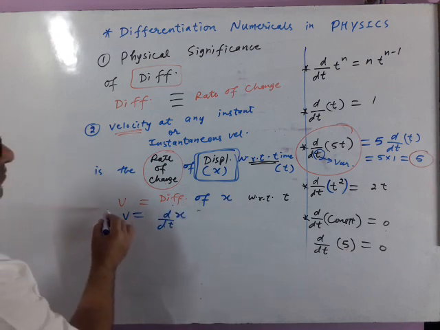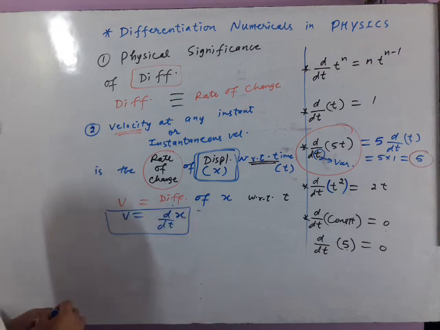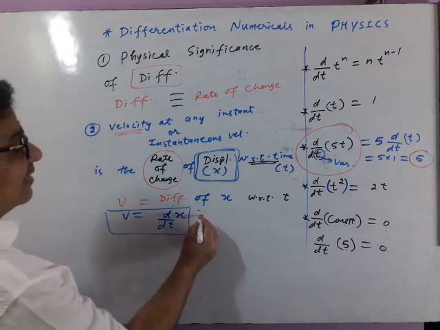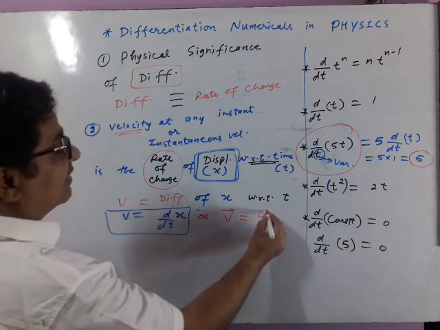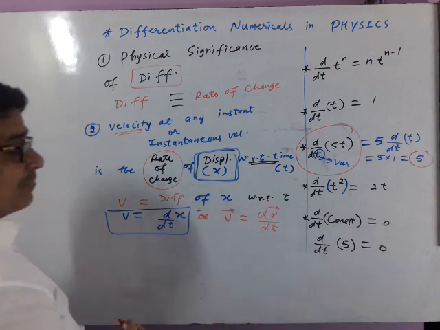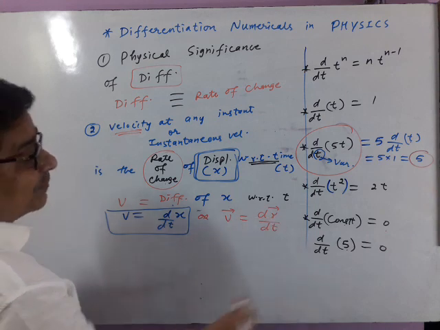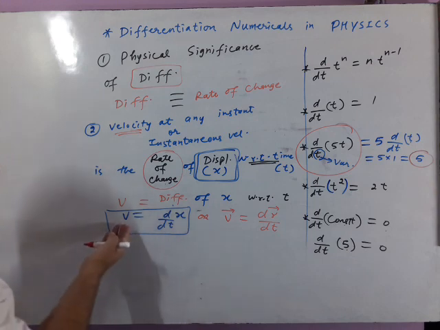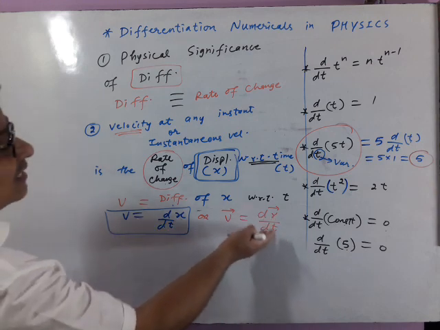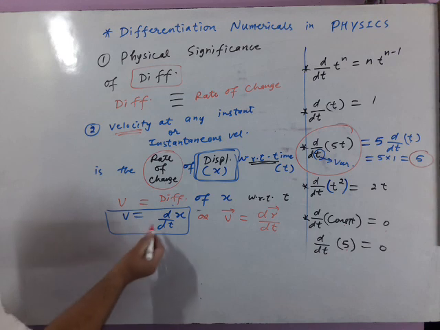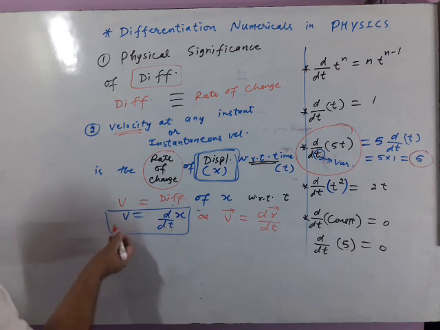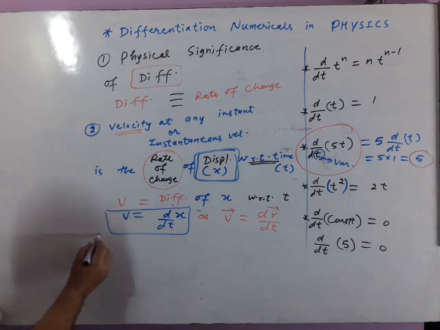So the formula for velocity is dx by dt. In vector notation, velocity vector is dr vector by dt, where r vector is the position vector. Differentiation of displacement with respect to time gives velocity.